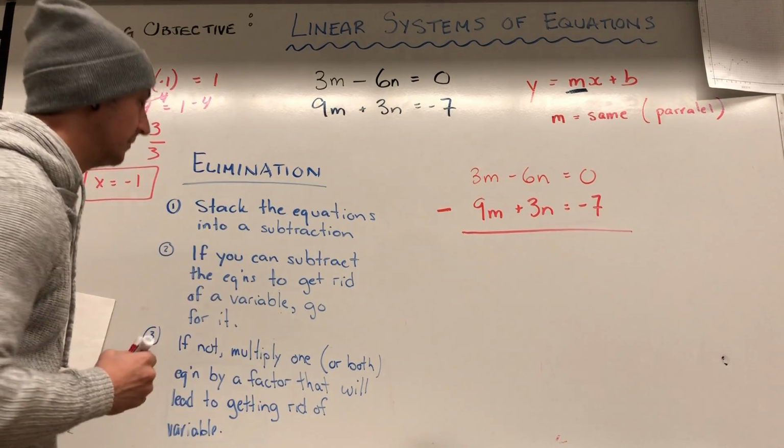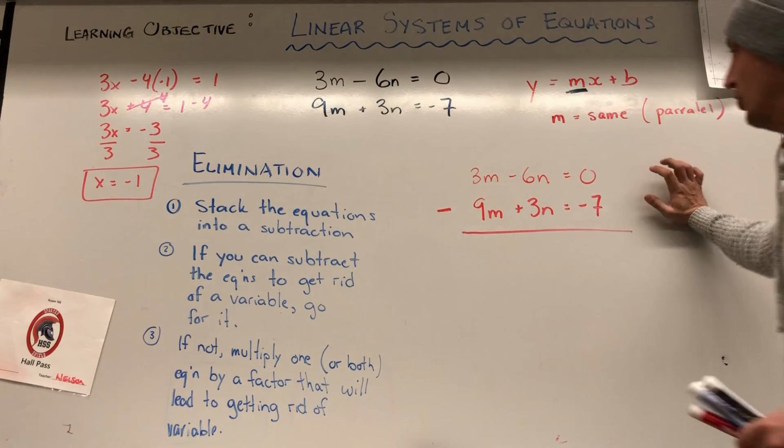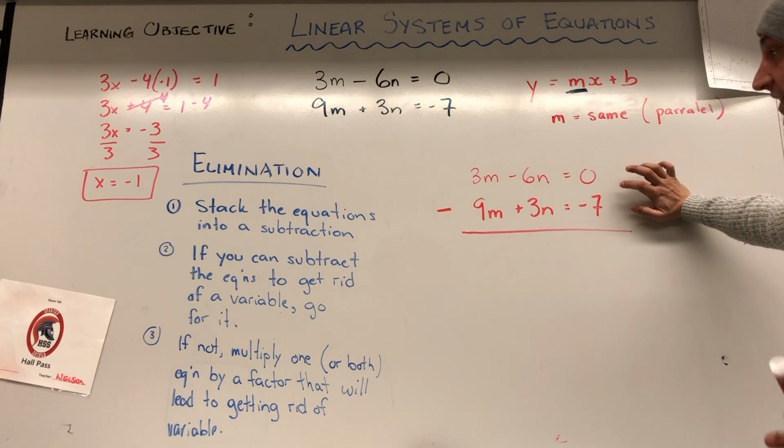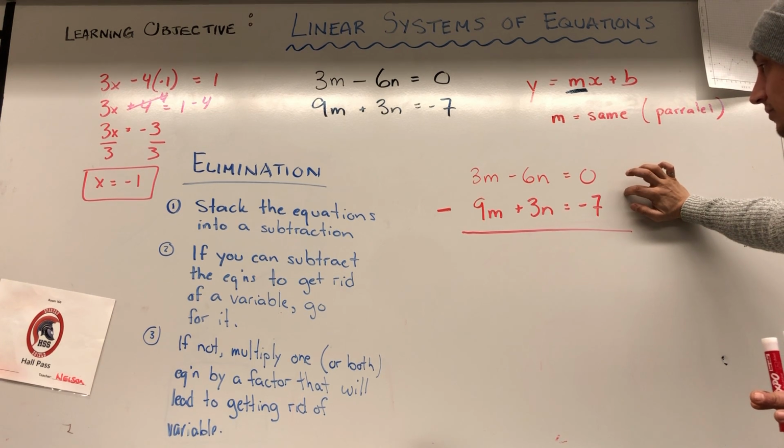So what does that mean? Well, I want to multiply one of these equations, or both. In this case, I only probably need to do one. I'm going to multiply one of these equations by a factor so that the subtraction works out.